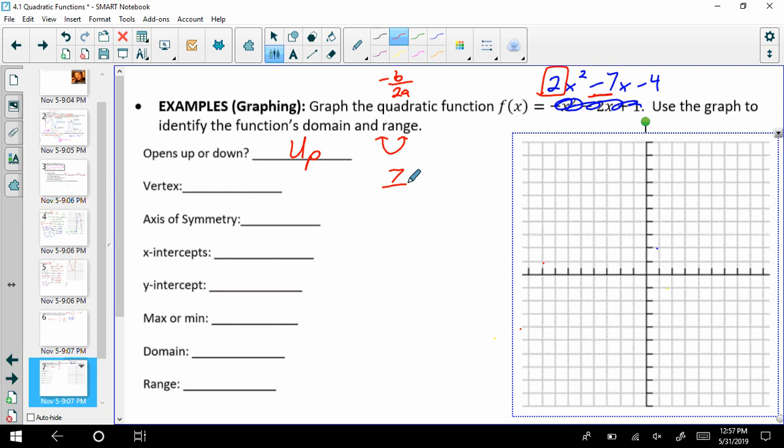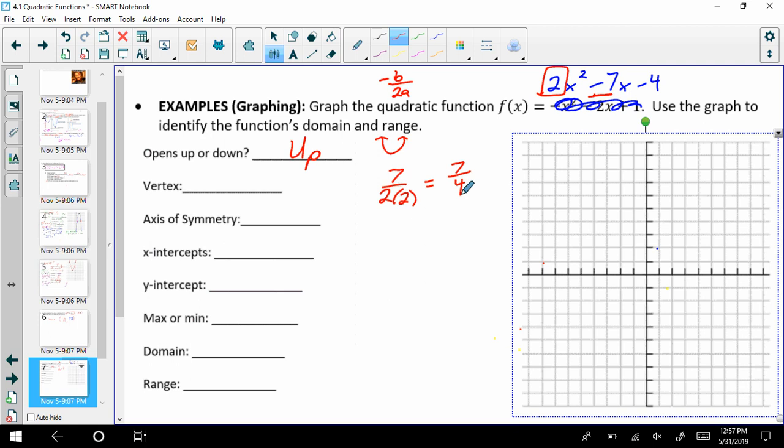And 2 times a would be 2 as well. So if we do that math, we get 7 over 4, which, oh no, it's a fraction, but that's okay.